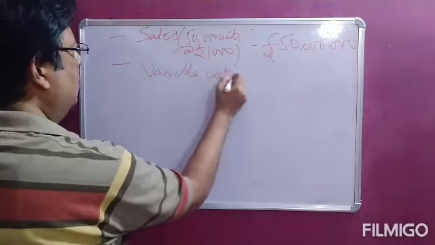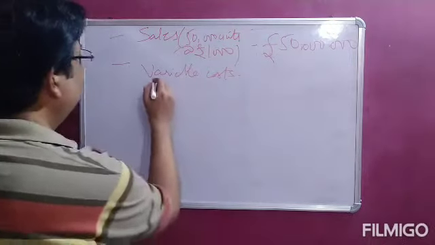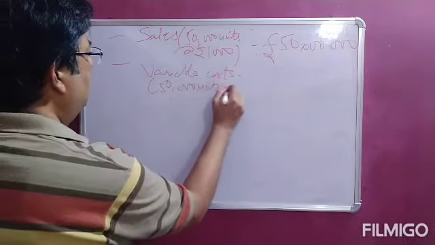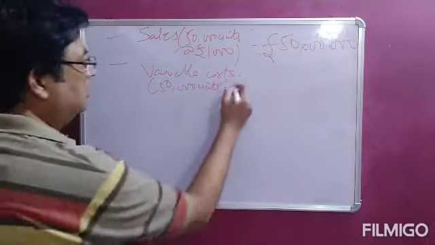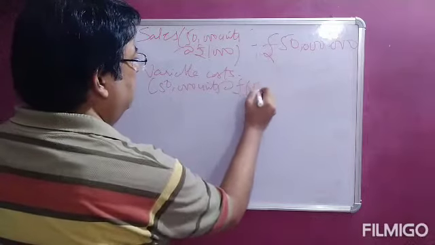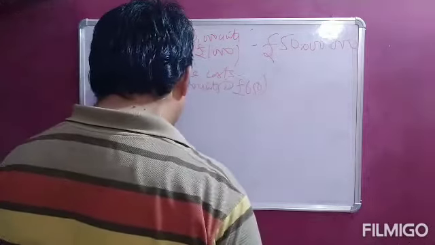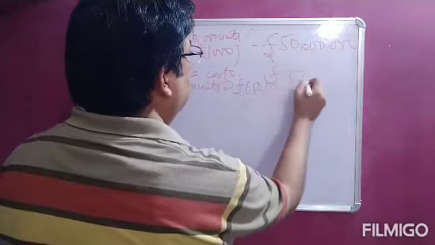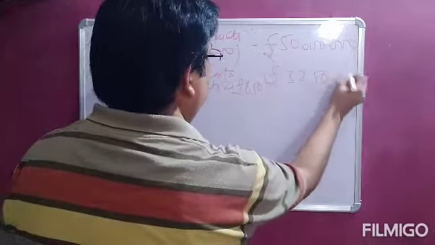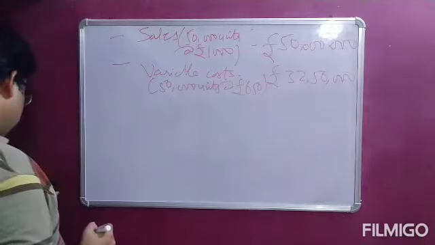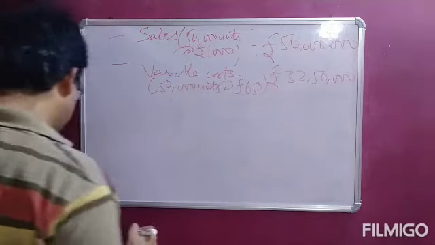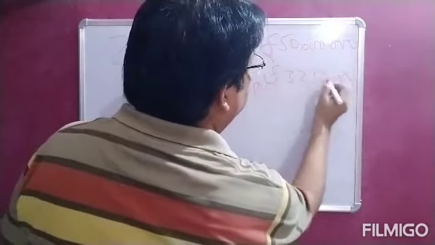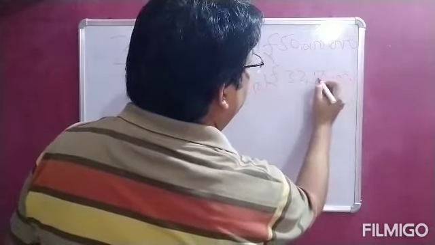Variable cost we have assumed for 50,000 units at the rate of 600 pounds per unit. So this comes out to be 32 lakhs 50,000 pounds. Three crore 25 lakhs.